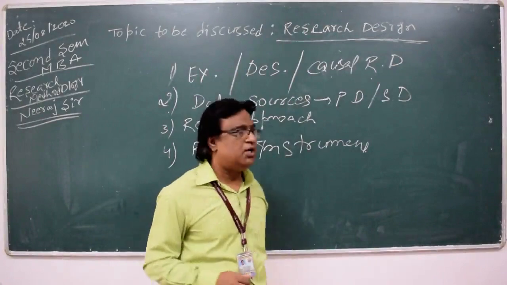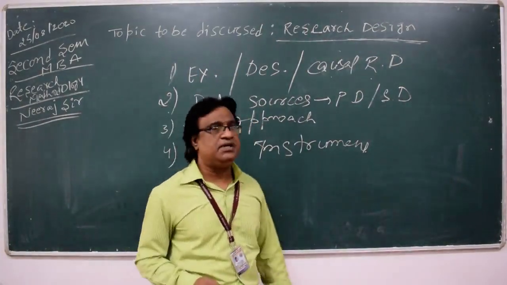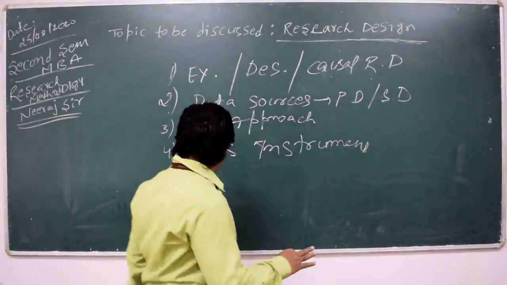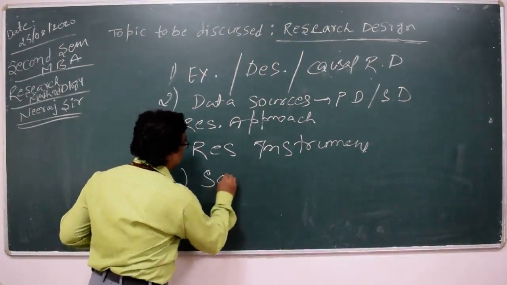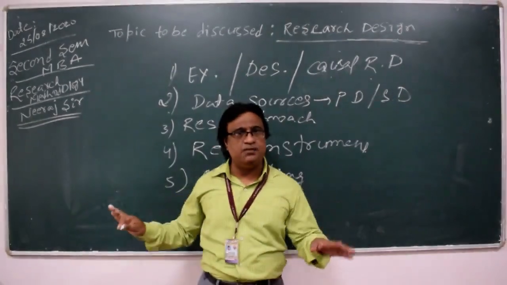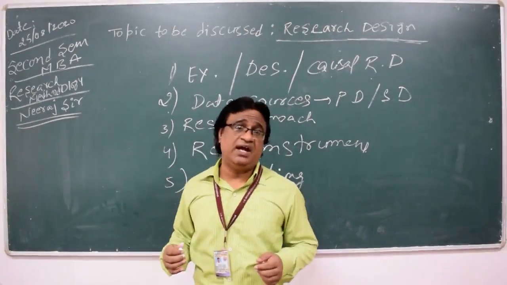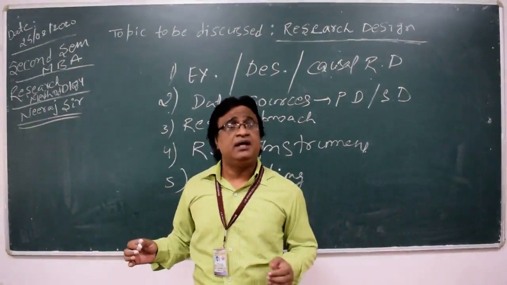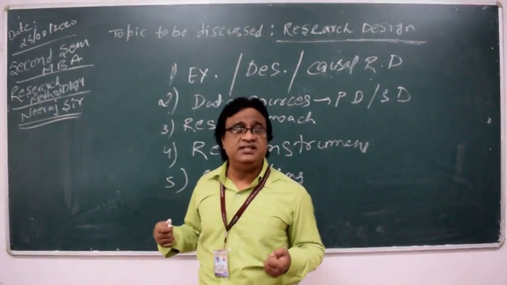After deciding about research instruments, then we move to another important component of research design, that is sampling. When we talk about sampling, there are three important decisions the researcher has to make, depending upon the particular nature of the research project or type of information or even capability of the researcher.